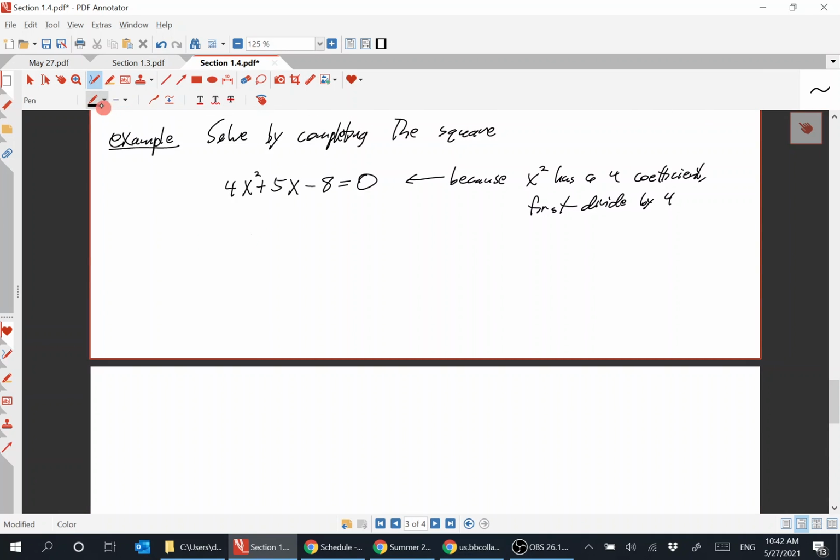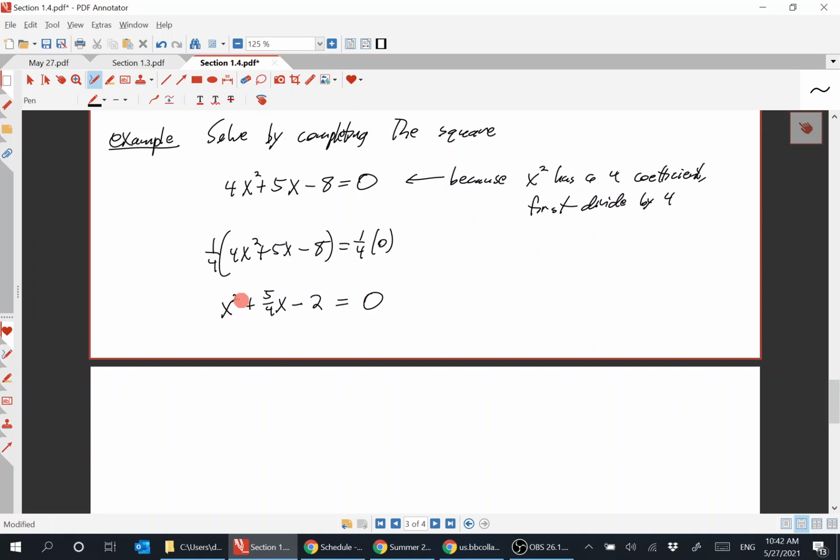I'll do it that way, actually. So 1/4 times 4x squared plus 5x minus 8. Don't forget the parentheses there. A quarter times 0, of course, is just 0. This one is x squared plus 5/4 x minus 2.